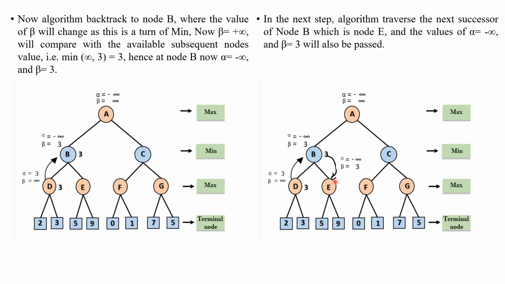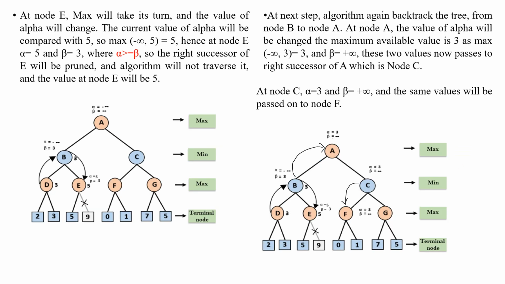When alpha is greater than or equal to beta, the subsequent child nodes will be pruned. So the node value of E is 5, and this path is pruned. Then the value of beta, 3, is transferred to node A. The node value of B is 3.